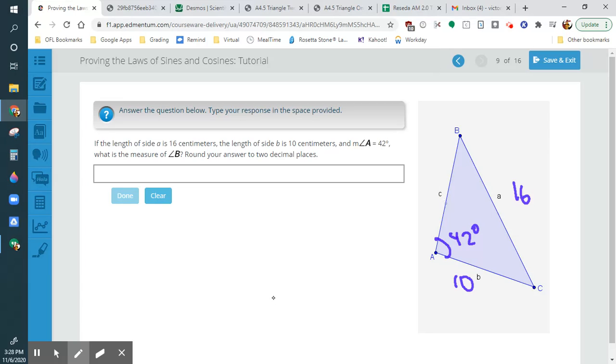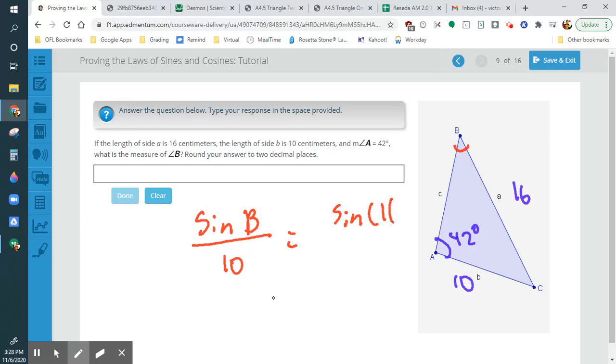Now we want to solve for angle B. So in order to solve for this, I'm going to want to put sine of angle B on top of, and we want to do little b. So like I said, this one, they give you all the information you need. The other one, they were just being mean for the sake of being mean.